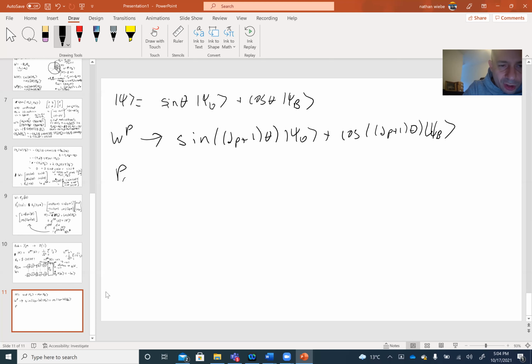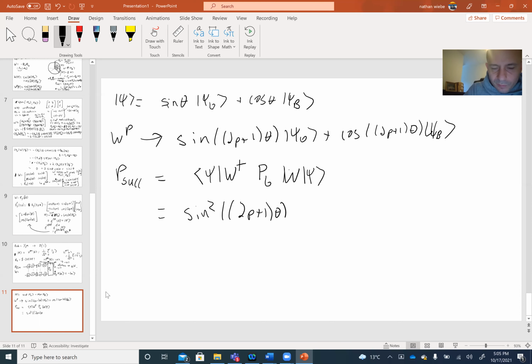If we were to just measure, this is equal to the expectation value of the projector onto the states that we want of the evolved state, W psi, which when we apply the projector and carry this through, is just equal to sine squared of 2p plus 1 theta.